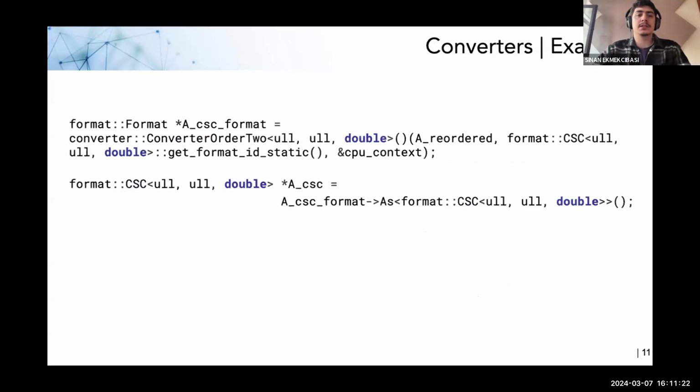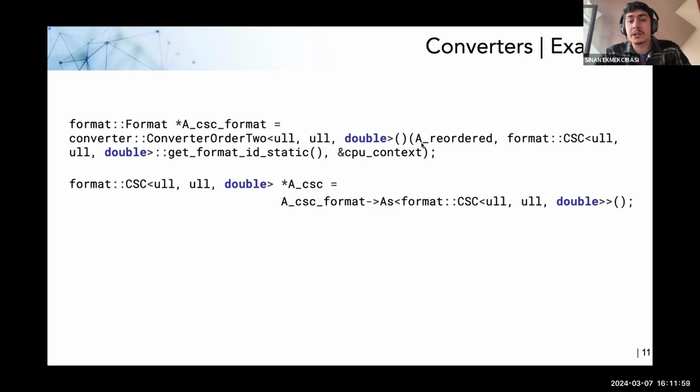And here we have an example code for the conversion. Here we first create a format object from the format base of SparseBase. Then we specify the types. In this case, we use unsigned long for both vertex and edge, and double for the value.